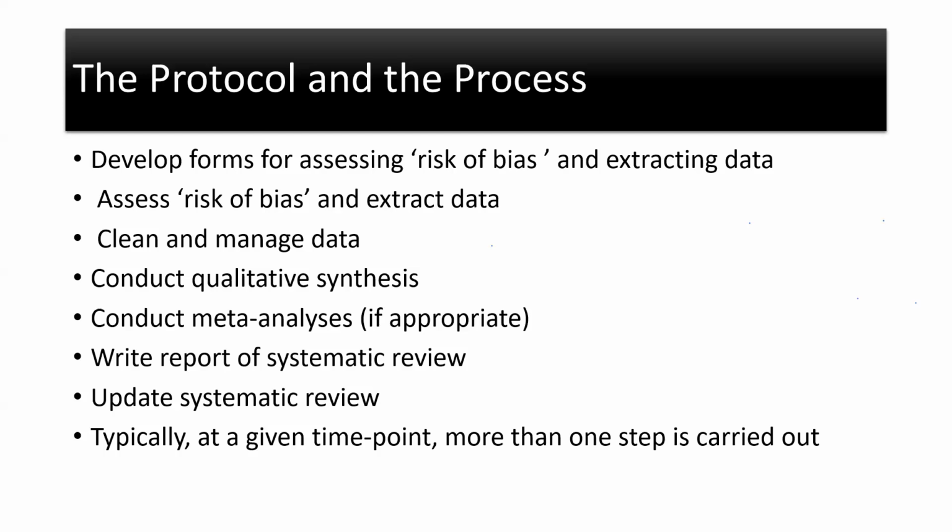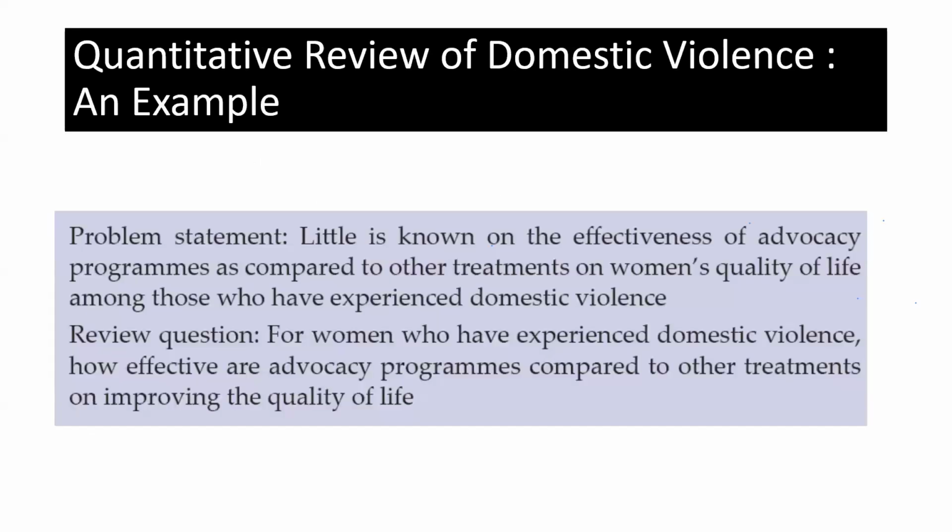So typically at a given point of time, more than one step is being carried out, and that's why you need a team. You divide the work, somebody is managing the data, somebody is doing the qualitative synthesis, in which we'll talk about the GRADE system, in which you examine and judge a study based on that criteria.